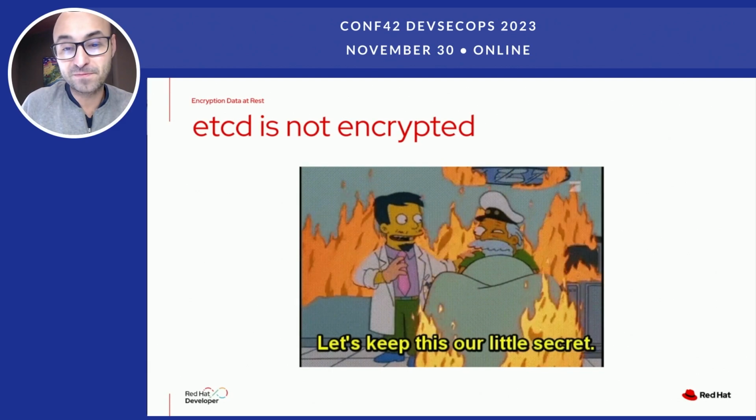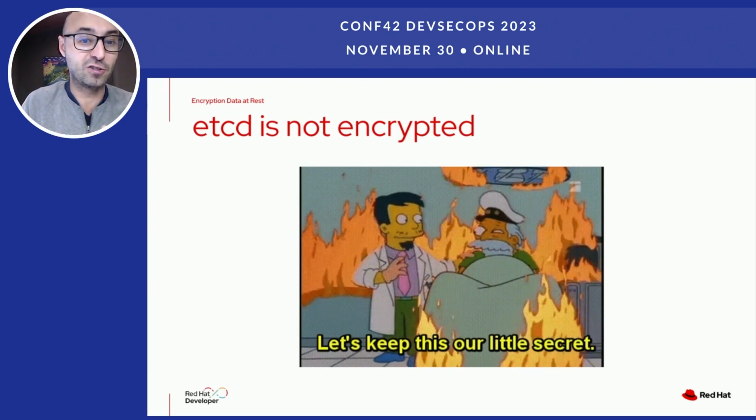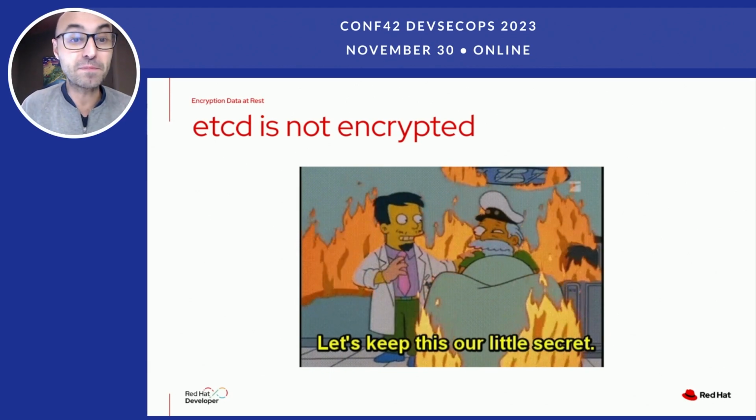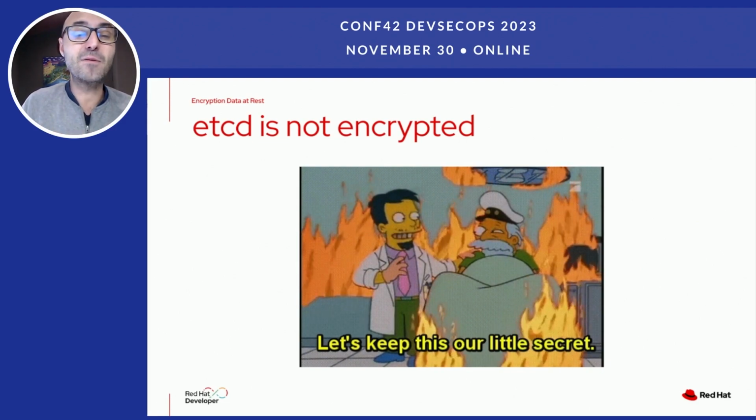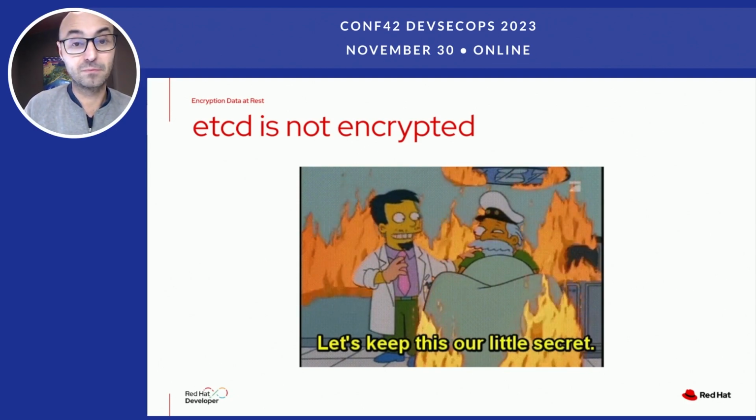And if etcd is not encrypted, it means that for any secret that you store there, if anyone has access to etcd, they will be able to get the secret.